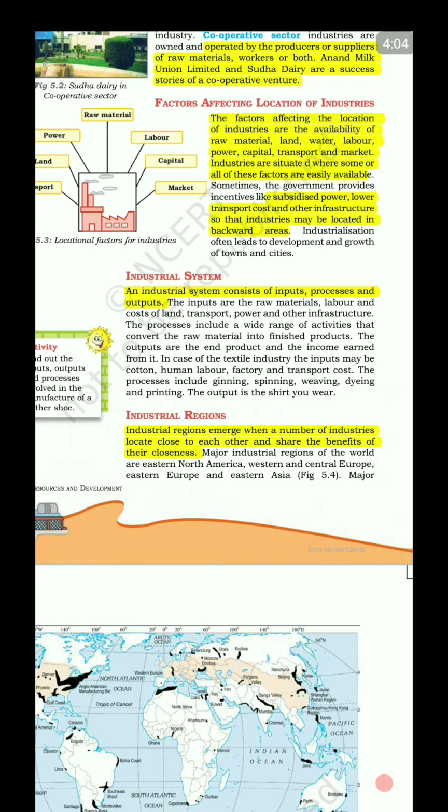The processes include a wide range of activities that convert the raw material into finished products, and the outputs are the end products and the income earned from it. In case of the textile industry, the inputs may be cotton, human labor, factory, and transport costs. The processes include ginning, spinning, weaving, dyeing, and printing, and the output is the shirt you wear.